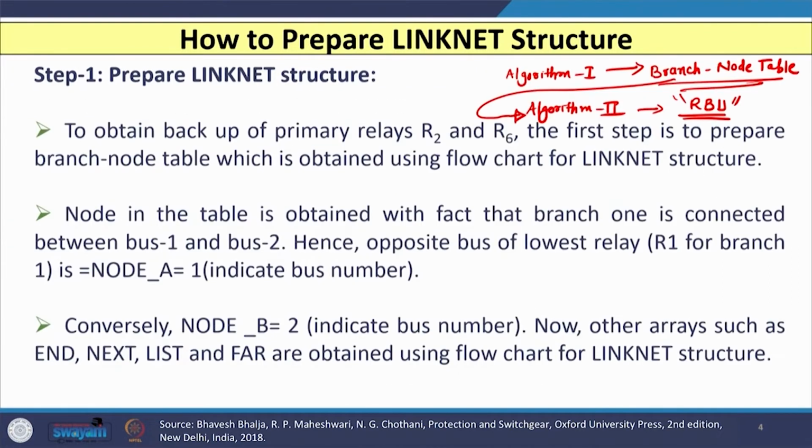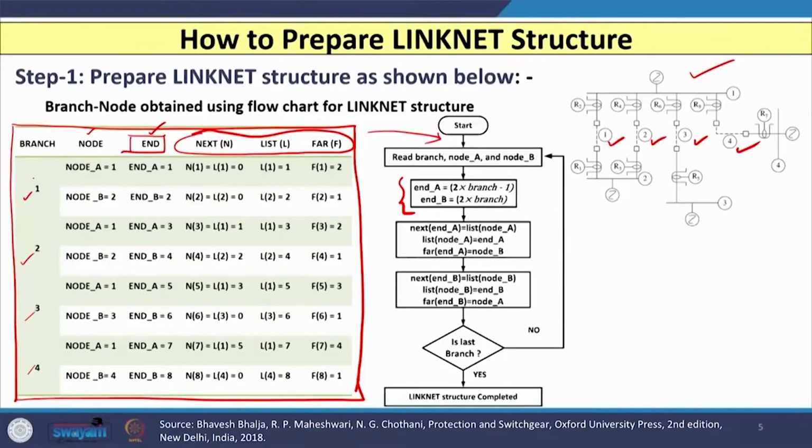Here the first step is to prepare the linked net structure, and for that we have to prepare the branch node table. For a particular branch which is connected between 2 buses, we have to consider the lowest relay number. If I consider branch number 1, for this branch 2 relays are available, relay R1 and relay R2.